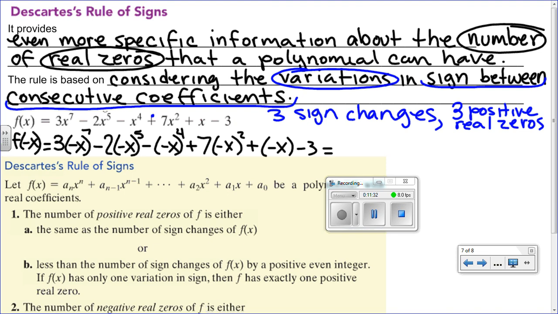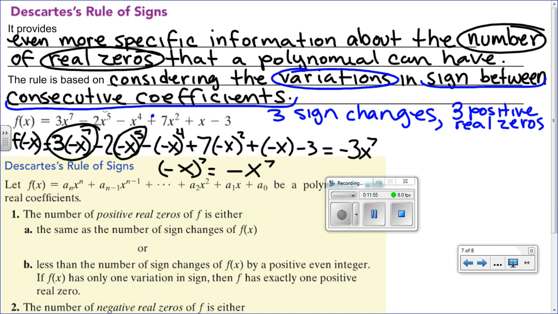And then I'm going to simplify it. So from the very first term here, negative x to the 7th power is equal to negative x to the 7th power. And so if I multiply that times 3, it will be negative 3x to the 7th power.